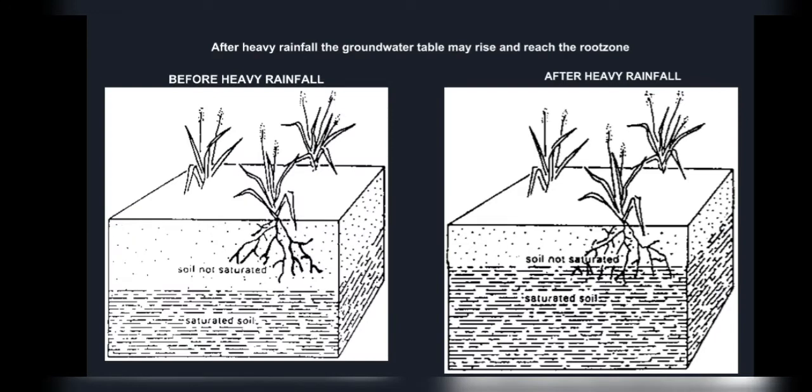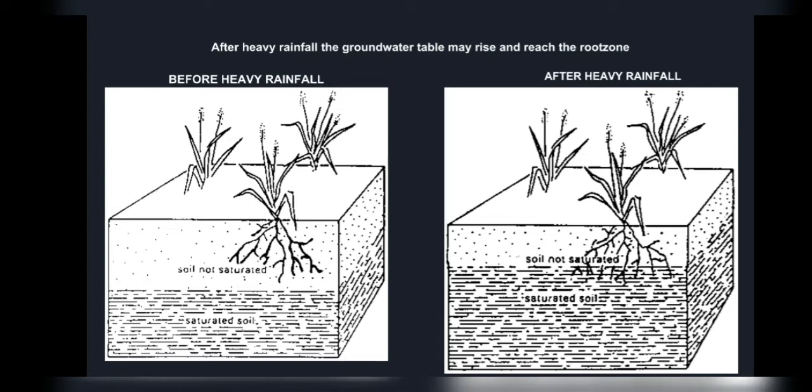The water flowing from the saturated soil downward to deeper layers feeds the groundwater reservoir. As a result, the groundwater level rises. Following heavy rainfall or continuous over-irrigation, the groundwater table may even reach and saturate part of the root zone.